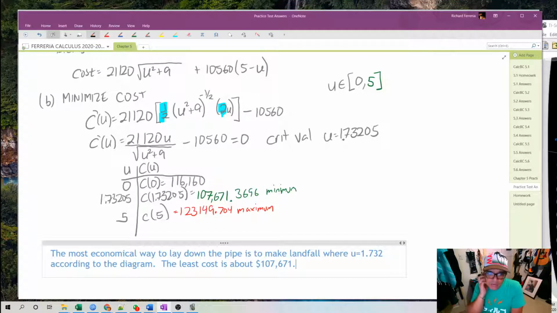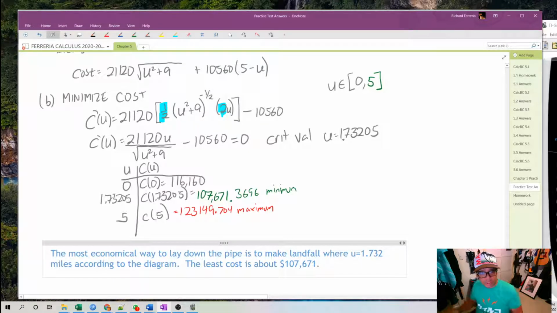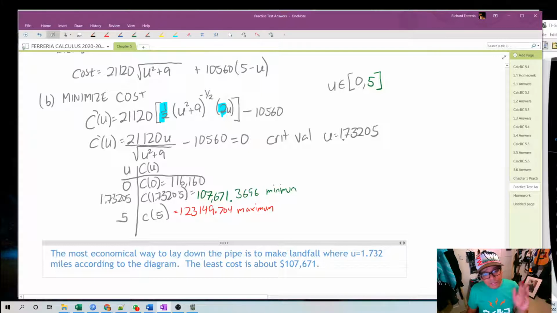The most economical way to lay down a pipe is to make landfall where u equals 1.732 miles, according to the diagram. The least cost is going to be $107,671.